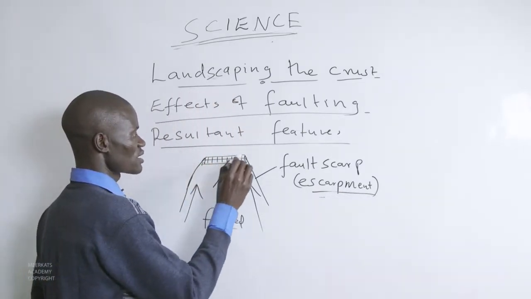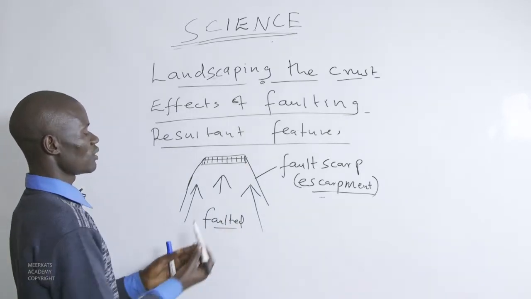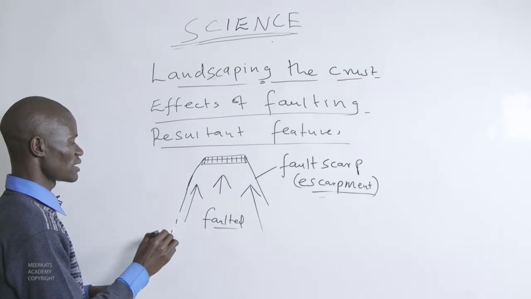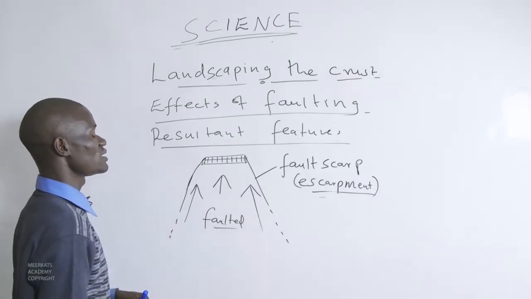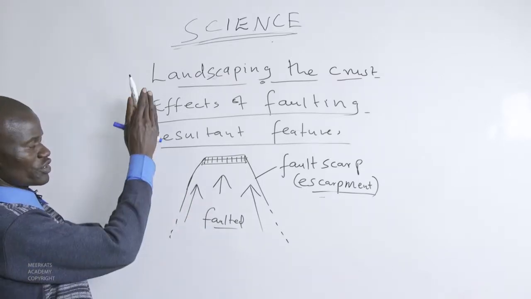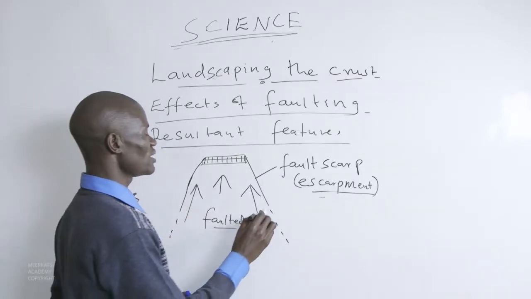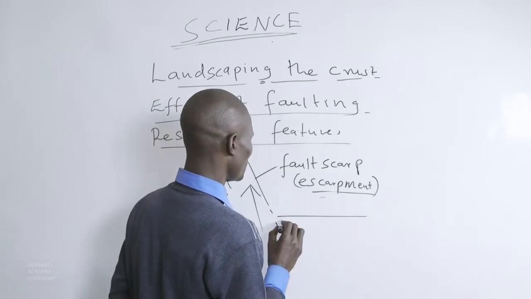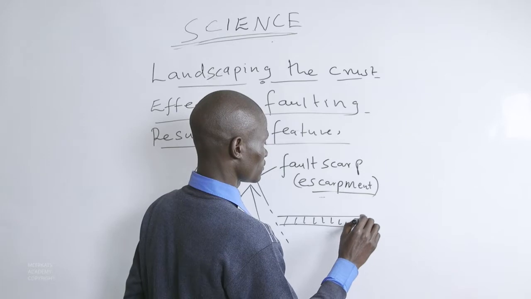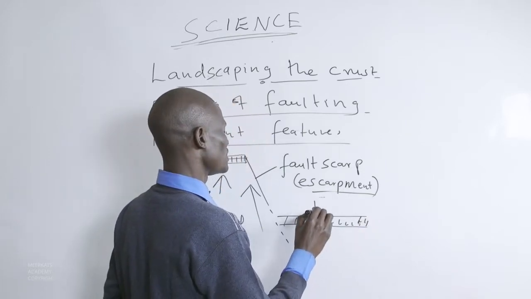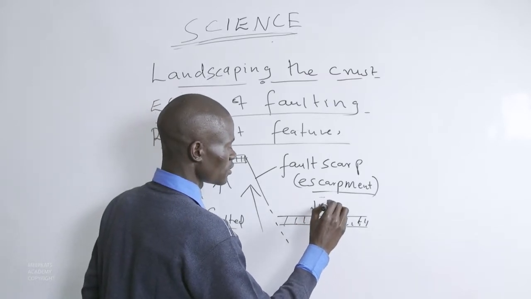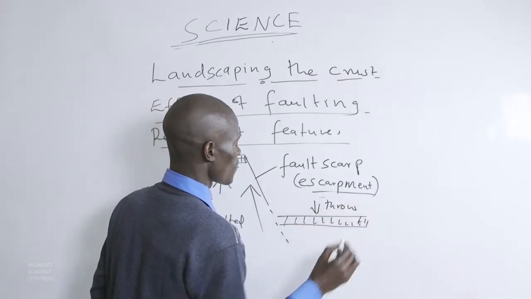In that process, when a side block has occurred, especially where parallel faults have occurred within the earth crust, one block may be pushed over, leaving another block on relatively flat land. Therefore, this may be referred to as the downthrow.